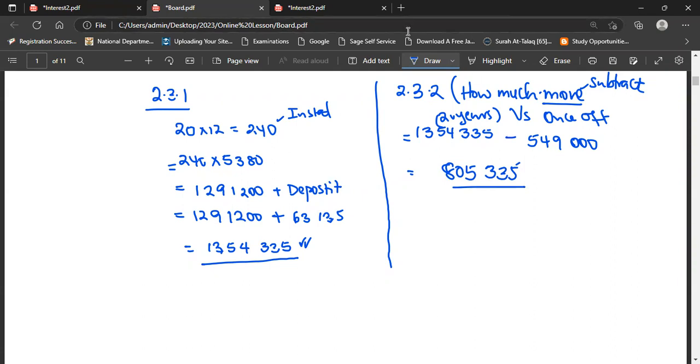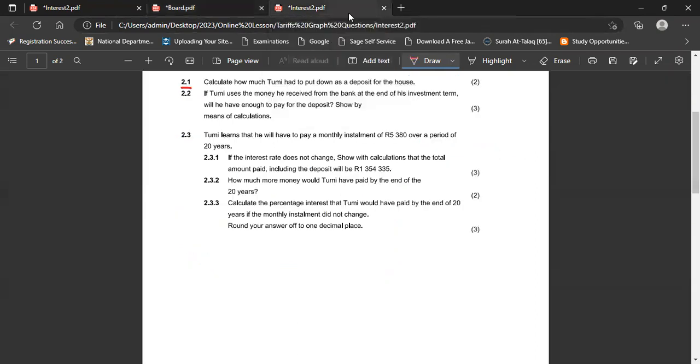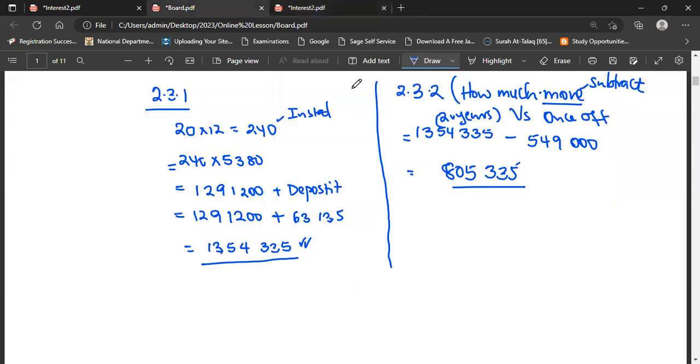We come to the other question, which says 2.3.3. Can you get the percentage interest that Tumi would have paid by the end of 20 years if the monthly installment did not change? Round off your answer to one decimal place. We come back to the whiteboard.